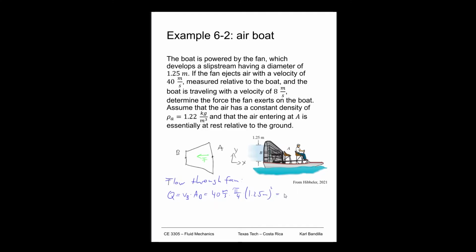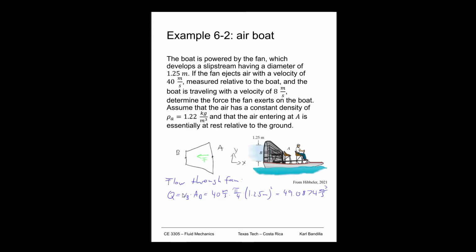That gives us 49.0874 cubic meters per second. Right? That's the flow of air coming out of our fan. Of course, it also has to be the flow of air that's coming into our fan, right? Because we're not creating any air inside of the fan.